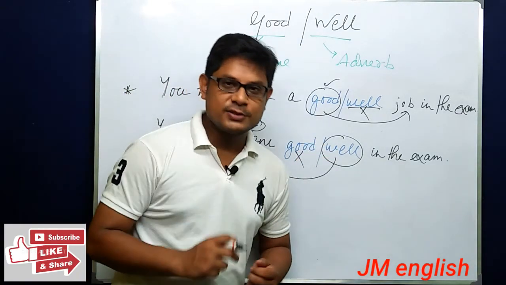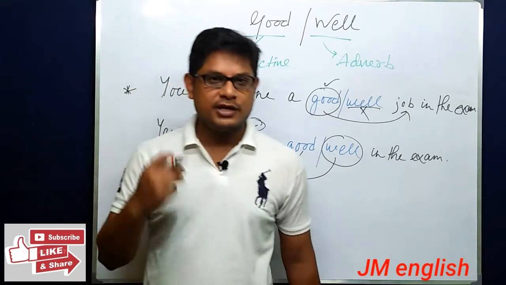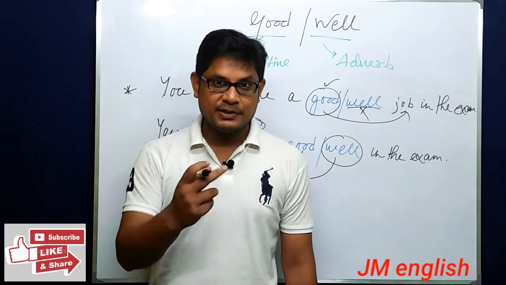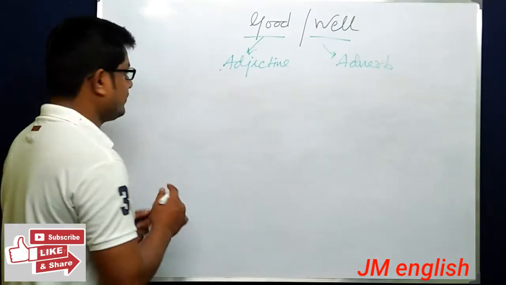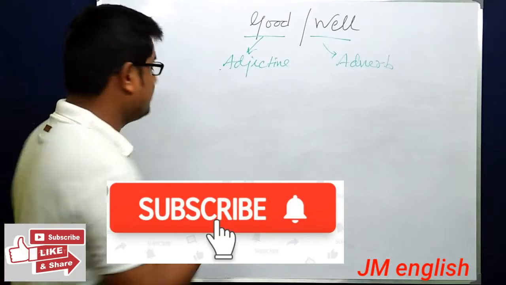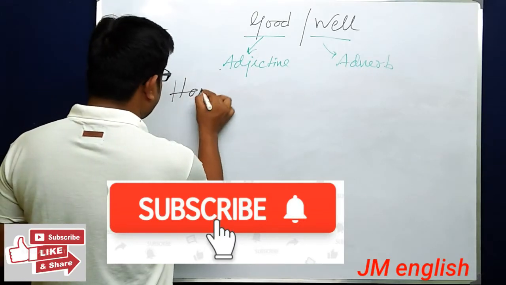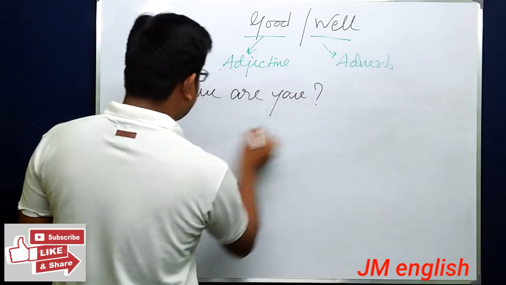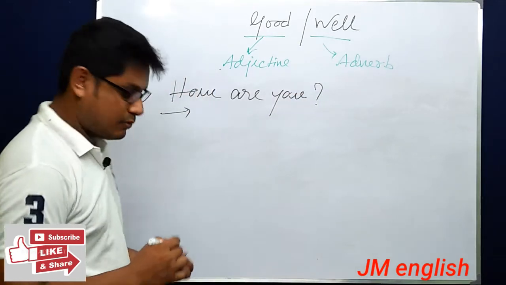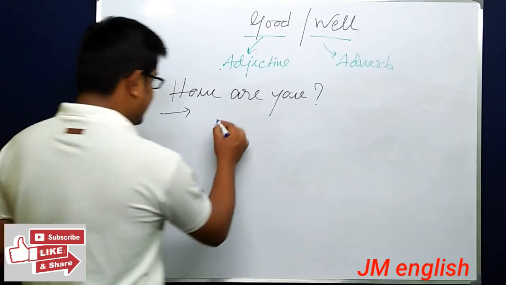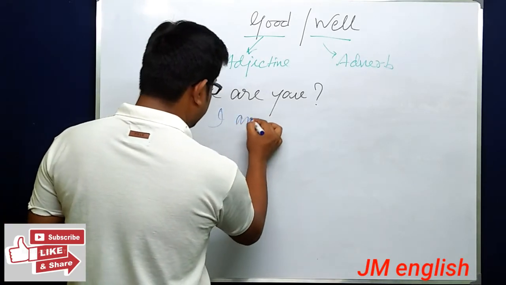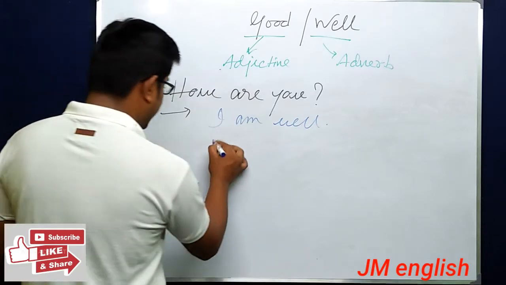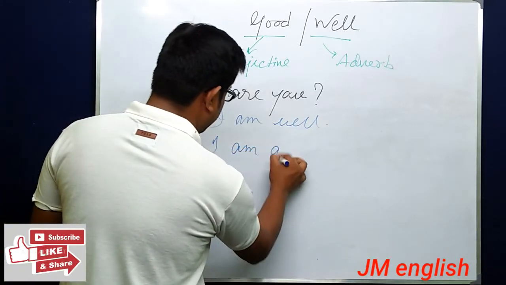Let me give you more examples, very usual examples that we use every day in our speaking or in writing. Suppose I ask you, how are you? What's your answer? You can say, I am well, or you can say, I am good.